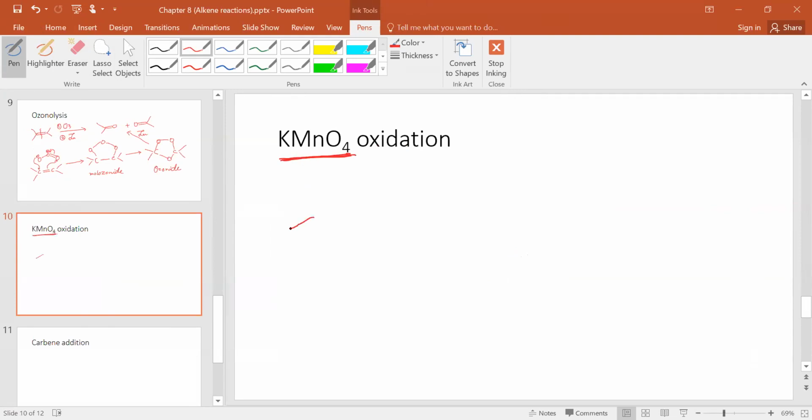So if you have this compound, it's a very good example here. This will also be chopped like ozone here to make 2 oxygen. In addition, it will change the hydrogen to OH. So easy to remember, okay? It will make a carbonyl like here.